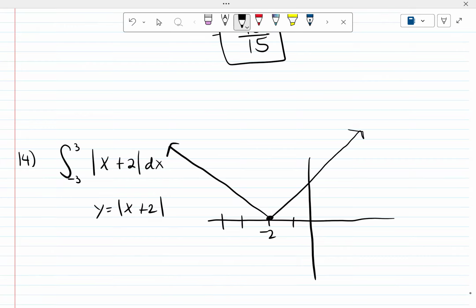And then we're going from the boundaries -3, so we got to figure out what this y value is. And then our upper boundary is +3, so there's 3 right there. So what you could do is we got to find out this area. Let's call this area 1, and then this area 2.